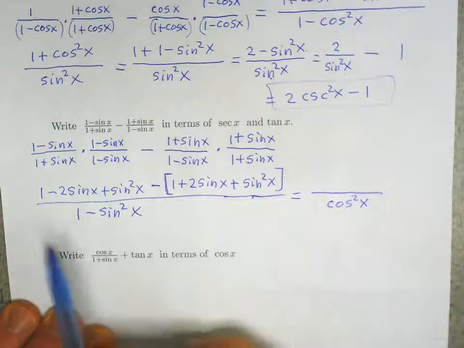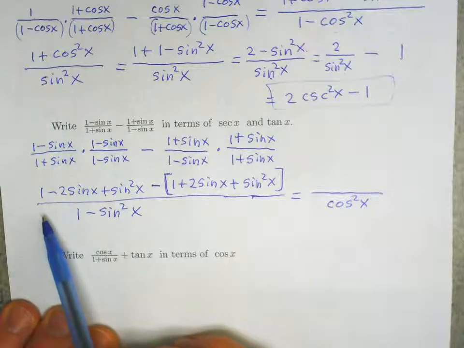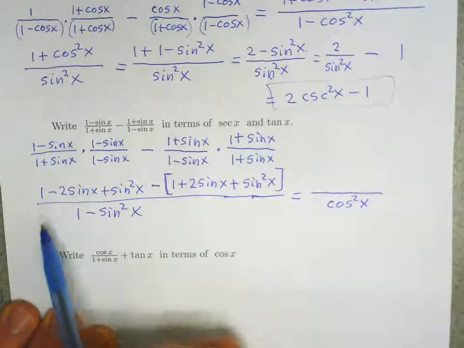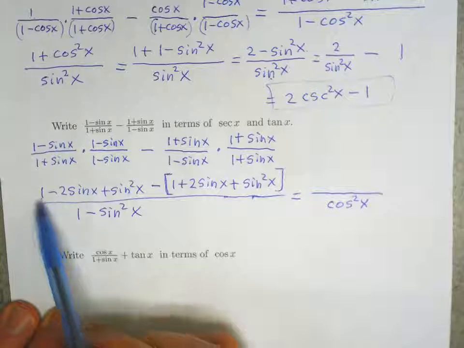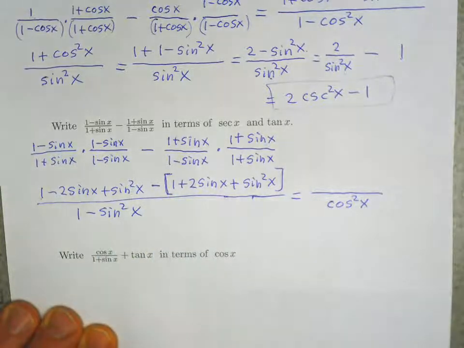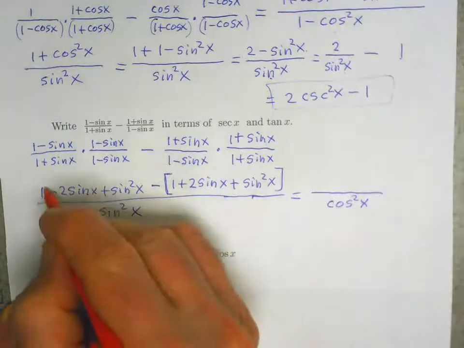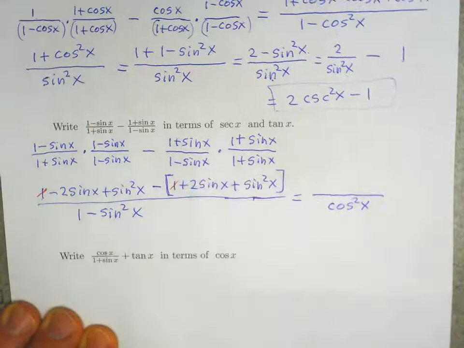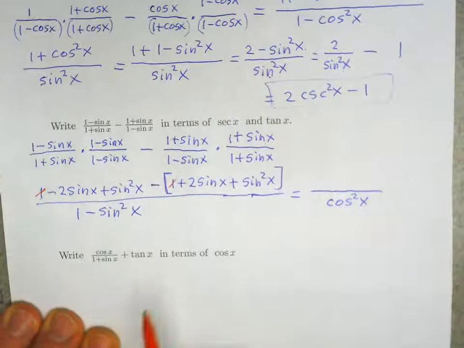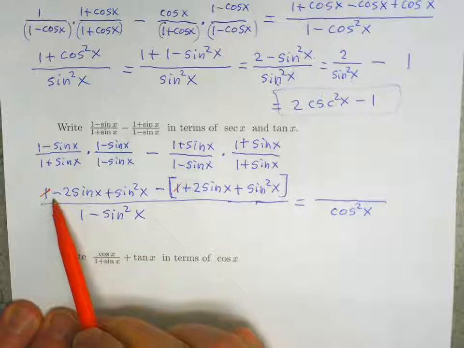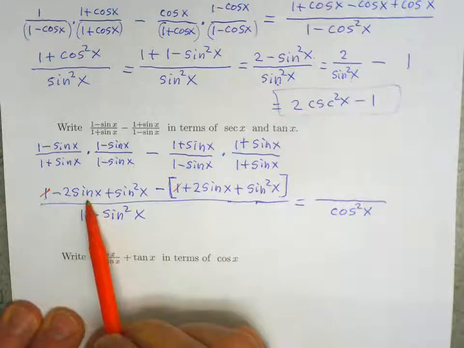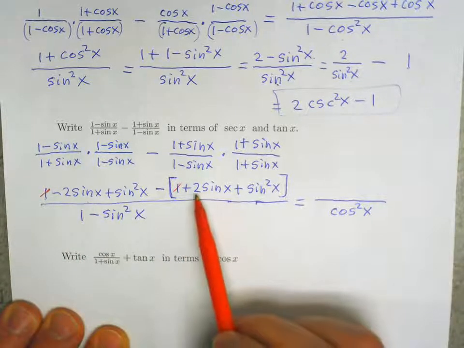And then we'll do the arithmetic carefully up here. So we have 1 minus 1. So those cancel each other out. 1 minus 1 is 0. We have negative 2 sine of x minus 2 sine of x.